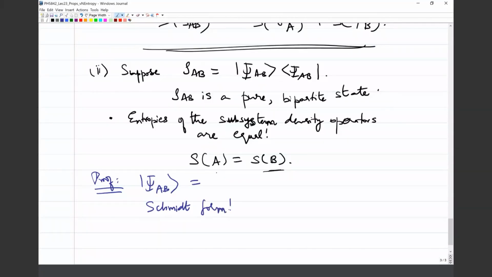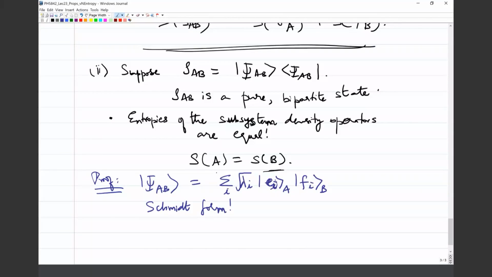What does the Schmidt form say? It says that there exist local bases e_i and f_i such that this can be simply expanded in this form, sum over i of square root lambda_i e_i f_i.